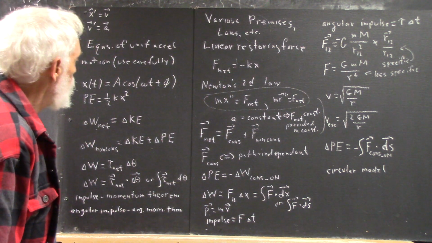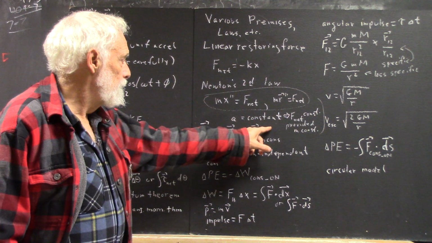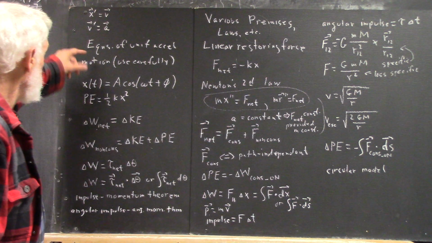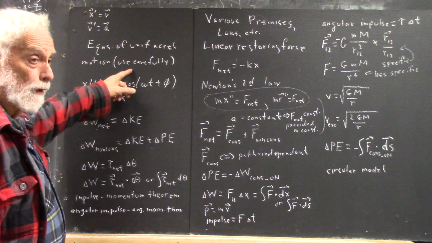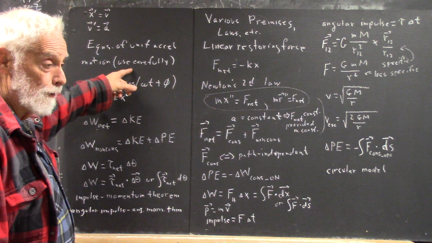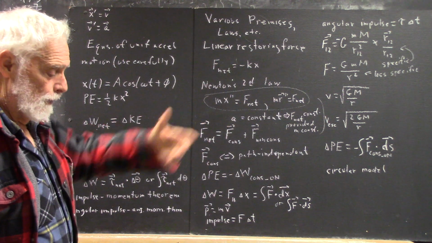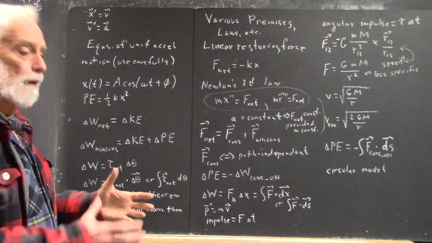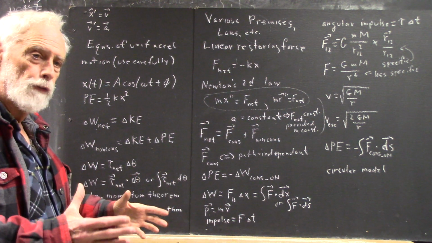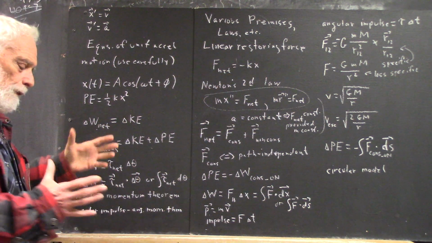From this, with the assumption of constant acceleration, you get your equations of uniformly accelerated motion, which you've got to use carefully. Don't use it for simple harmonic motion. Don't use it for the motion of an object in a changing gravitational field, like a satellite that's moving away from Earth a significant distance.